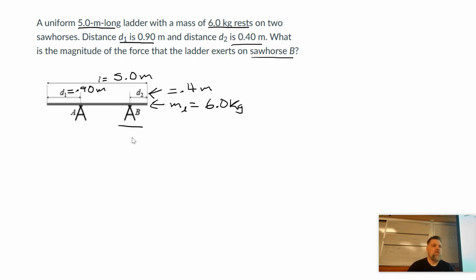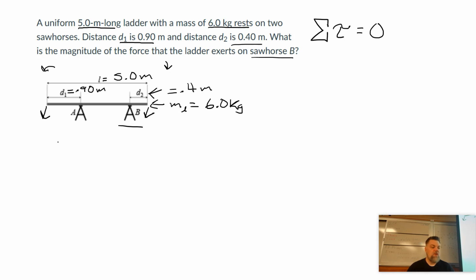So an easy way to do this problem is to remember that if I add up all of the torques, because over here you have a torque that's pushing down this way, and over here you have a torque that's pushing down that way, because you have gravity pushing here, gravity pushing here. And in a roundabout way, you have some stuff going on over here, because this is a torque. So because the ladder isn't moving at all, the sum of all the torques has to equal 0.